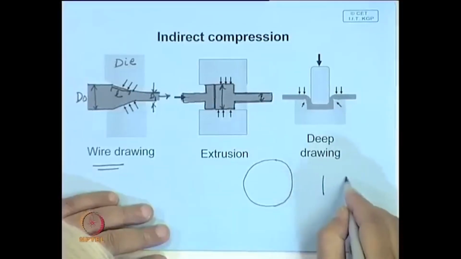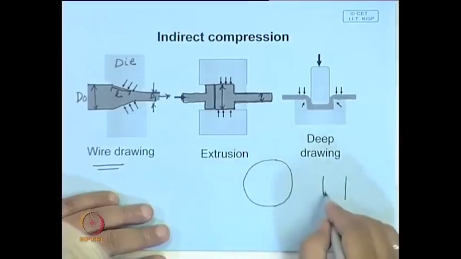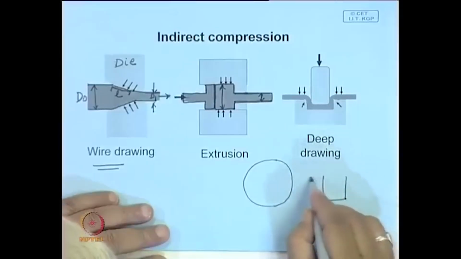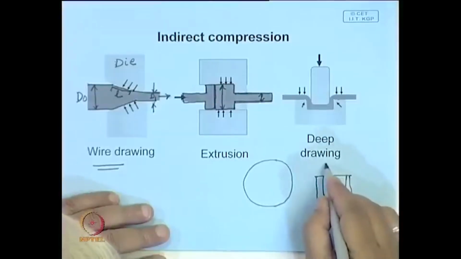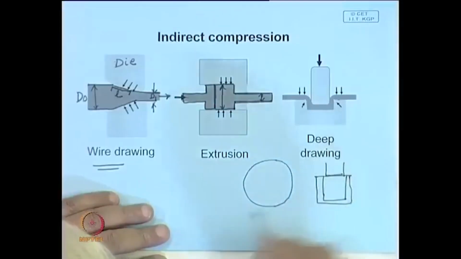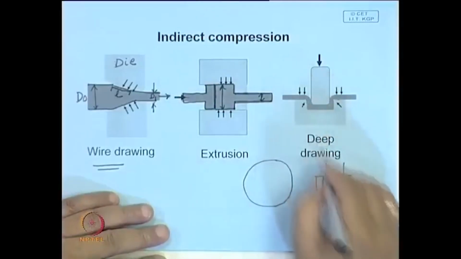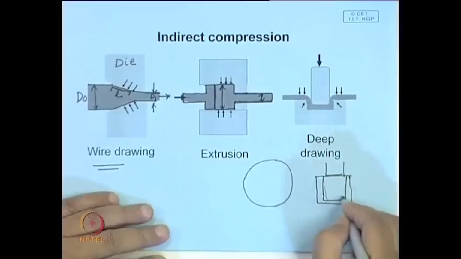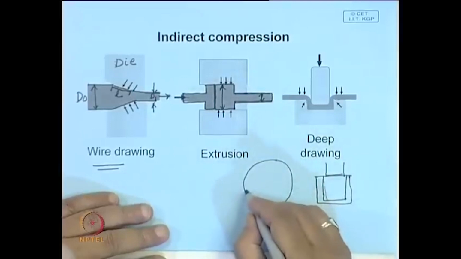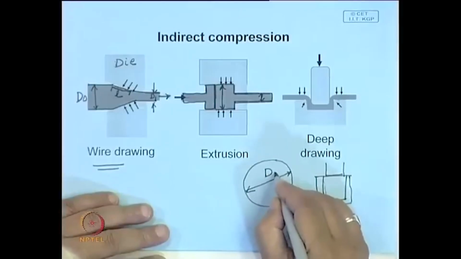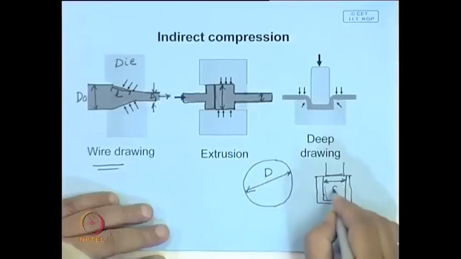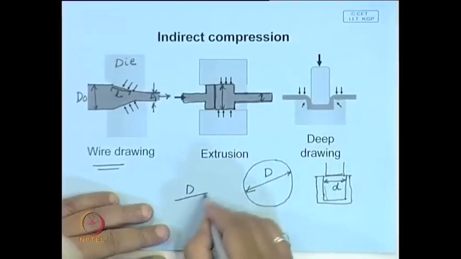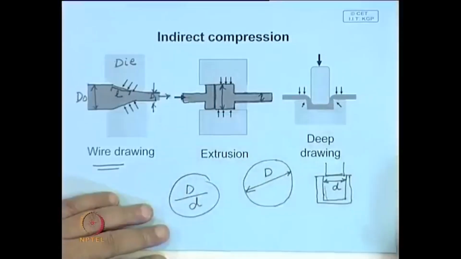The die is a cylinder, this is the top view, and the mandrel pushes the disc into it. If the material is ductile enough, it will take up the shape of the die. Here the drawing ratio is D over d, where D is the diameter of the job and d is the diameter of the die.